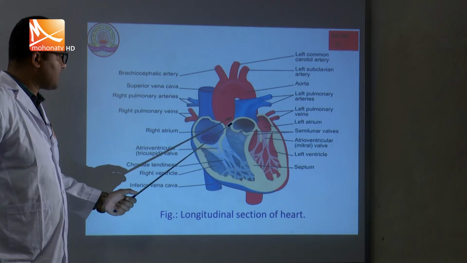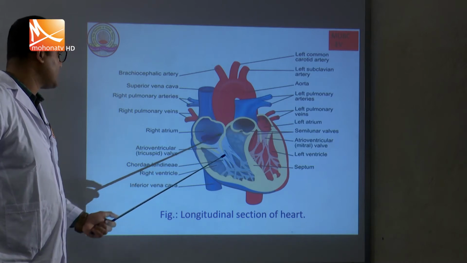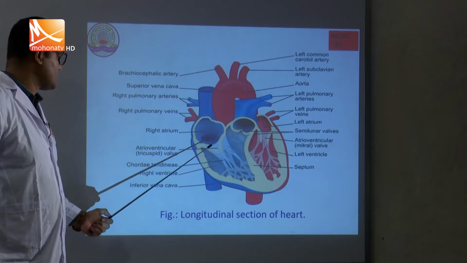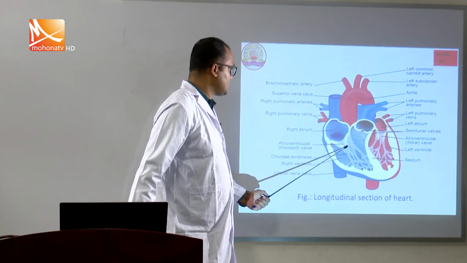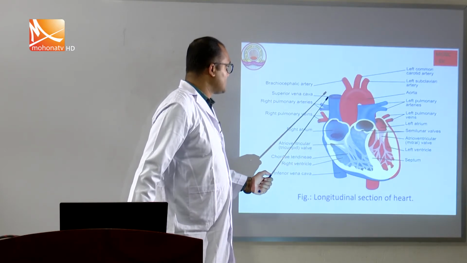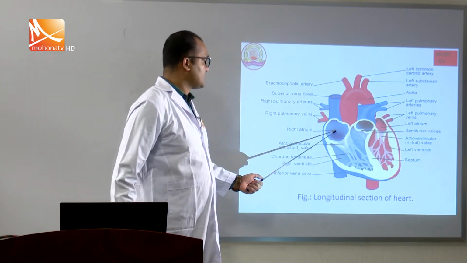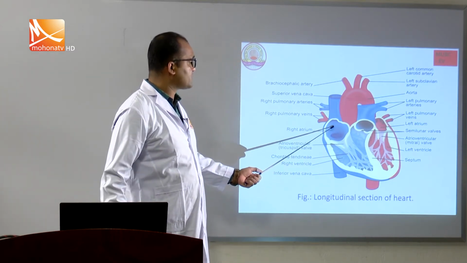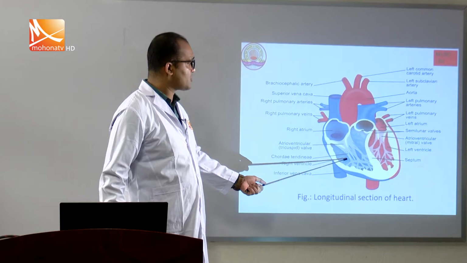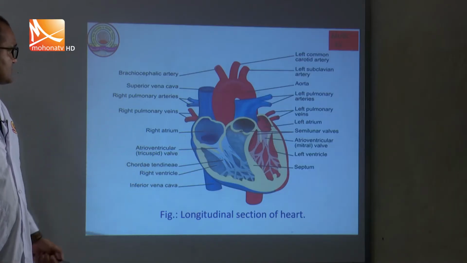One is called the aortic valve, another is called the semilunar valve. All of the valves control the blood flow from the right atrium to the right ventricle and from the left atrium to the left ventricle.